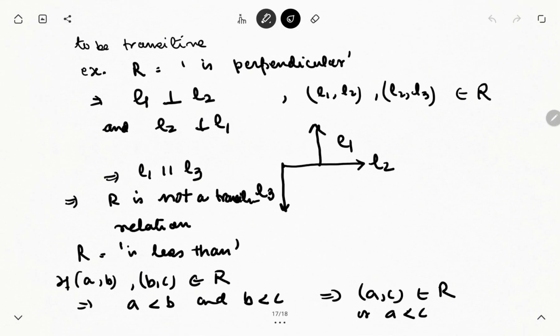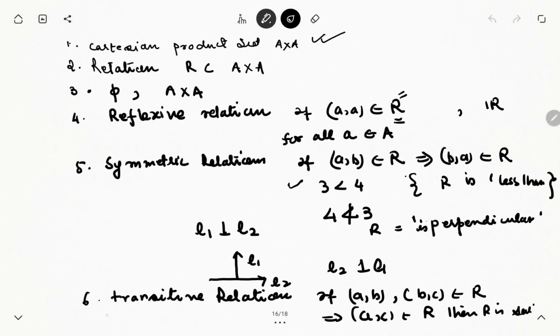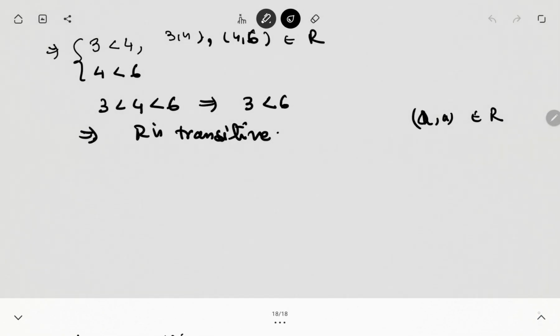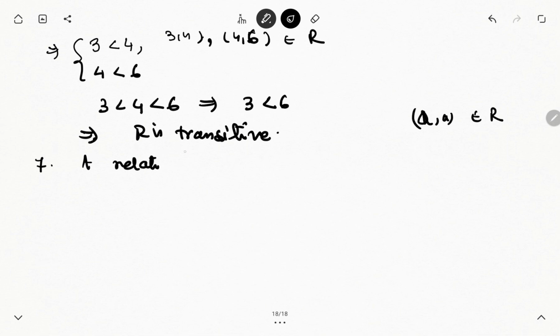let us see the sequence where we have started. This is the sixth point we have done, the transitive relation, right? Now the seventh will be: a relation R is known to be an equivalence relation.